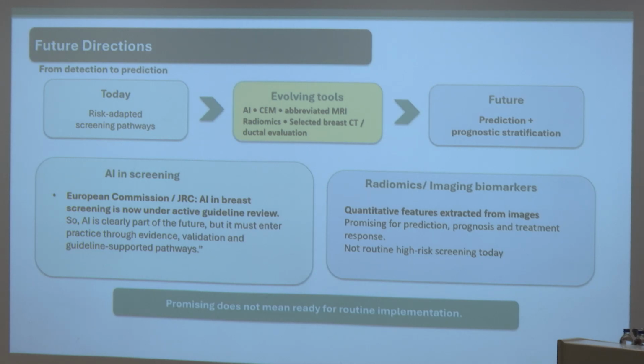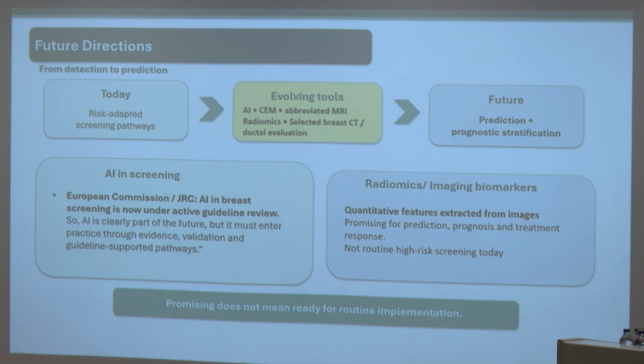So AI in screening. Actually yesterday, 8th of May, we have the European Commission, they sent us that the Joint Research Centre is just doing the review. So very soon there are going to be guidelines. The AI in breast screening is now under review for the guidelines, just the review at the end.